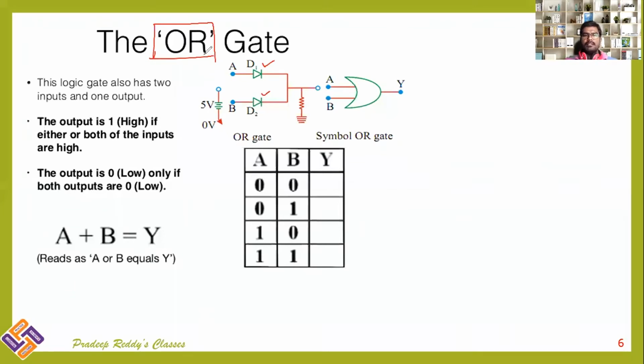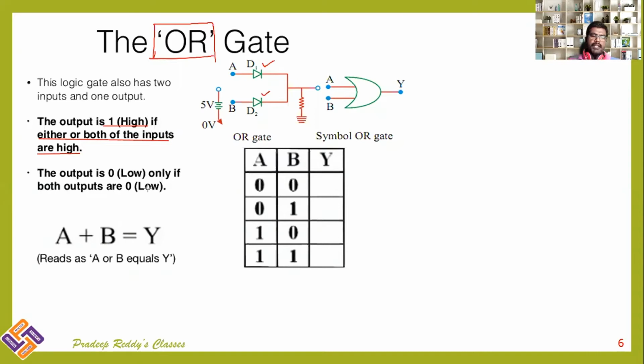Now the logic which this OR gate performs is, if any one of the inputs is high, the output will be definitely high. The logic of this circuit is that the output is high if either or both of the inputs are high.